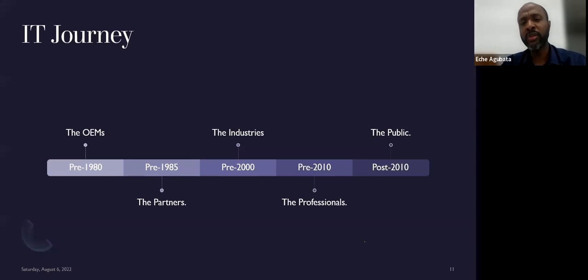Then post 1985, before 2000, we saw a lot of IT projects, IT manifestations, being driven by the demand from industries, particularly from the automobile industry, the finance industry, and the architectural industry. So we saw lots of software that was targeted for specific industries.